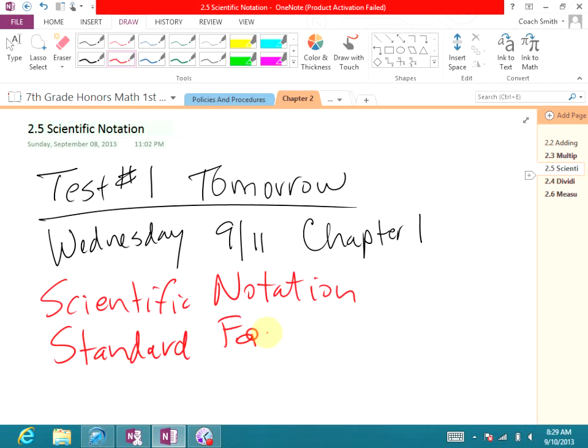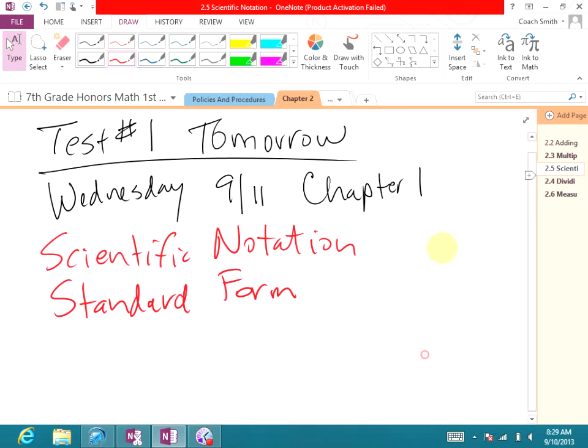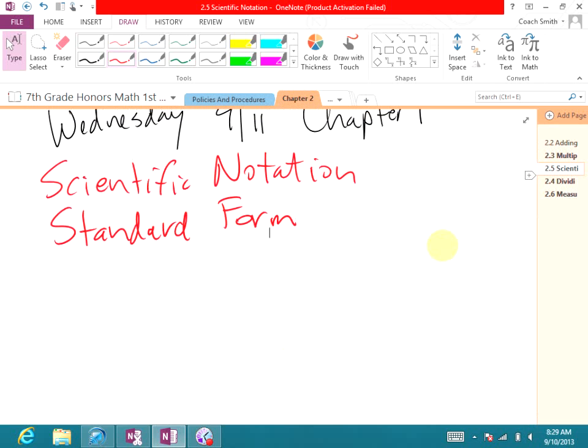Those are two ways that we're going to put numbers today. Standard form you already know. Standard form is simply 3,292,565,000. What we're going to talk about today is how we take a number from standard form to scientific notation, and from scientific notation back to standard form.